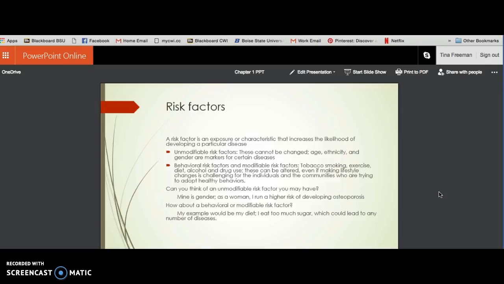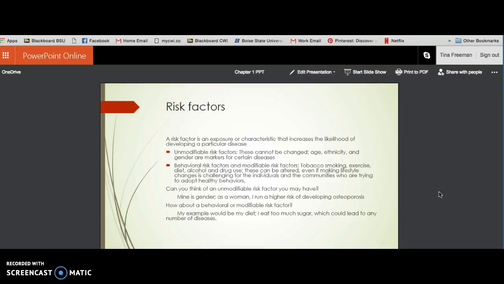An unmodifiable risk factor that I have is gender, and I'm going to say age because I am 52 and I am a woman. So I have a higher risk of developing osteoporosis as a result of those two unmodifiable risk factors. As a modifiable or behavioral risk factor, I eat way too much sugar. I'll be the first to admit it.